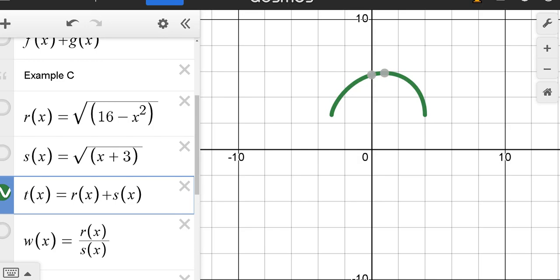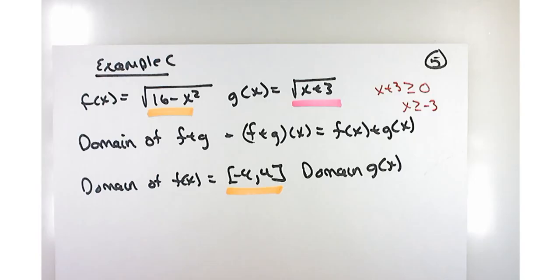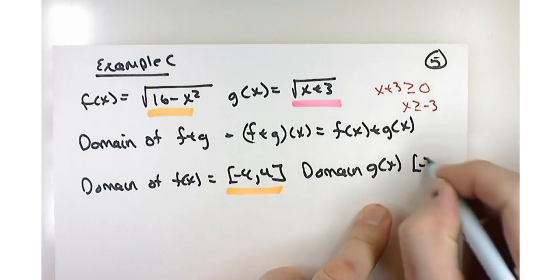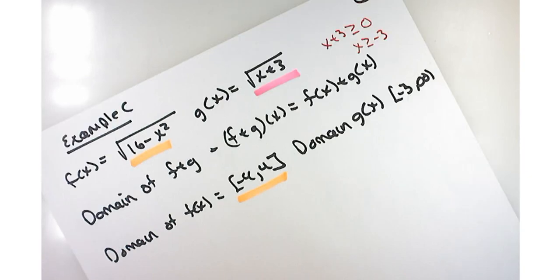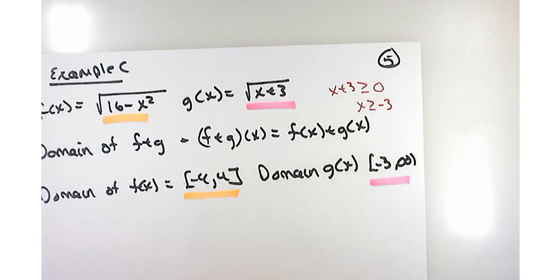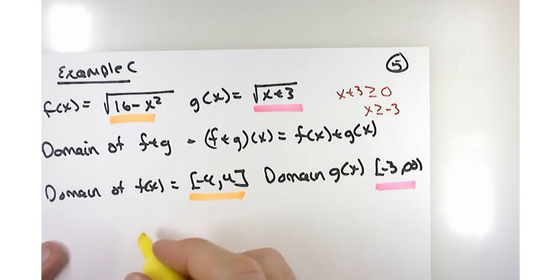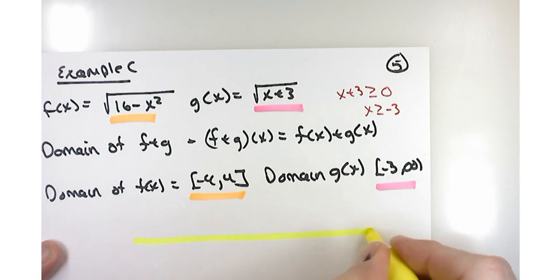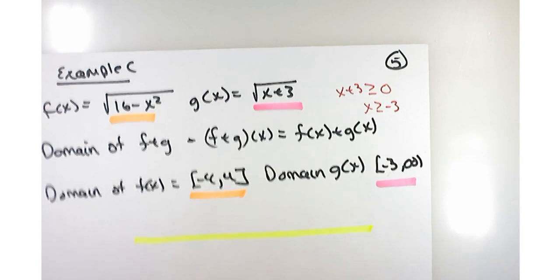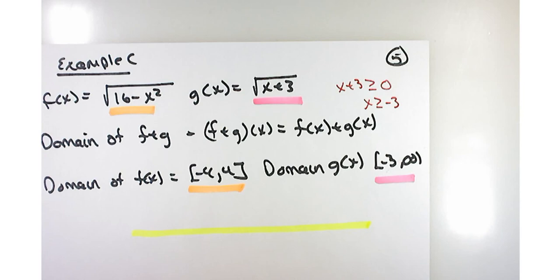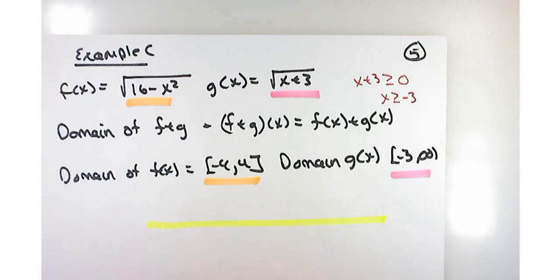The domain of g of x was negative 3 to infinity. And I'll do that one in pink. And let's try and figure out what the domain looks like overall. So on one hand, let's just write down some points here.